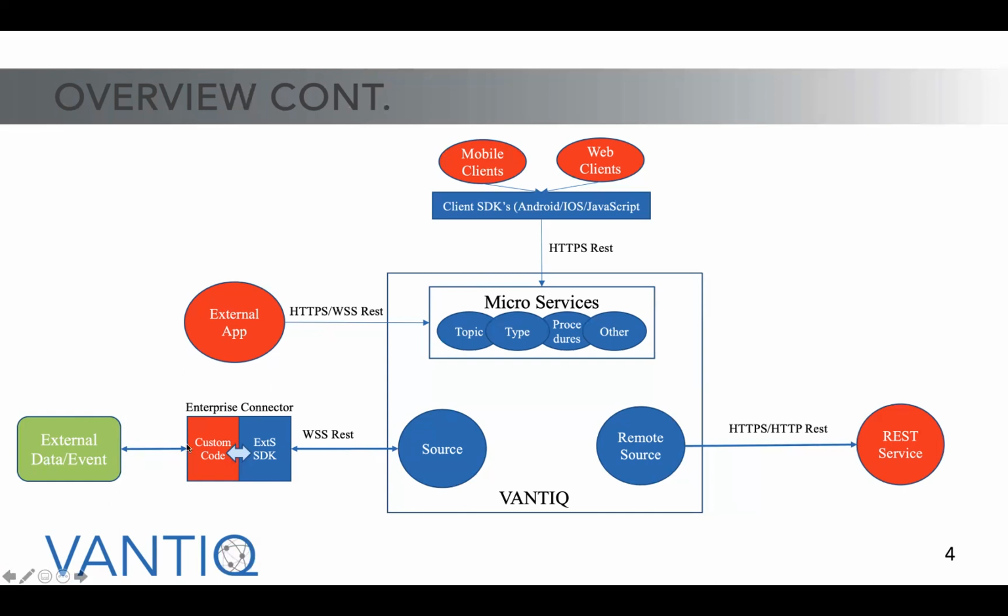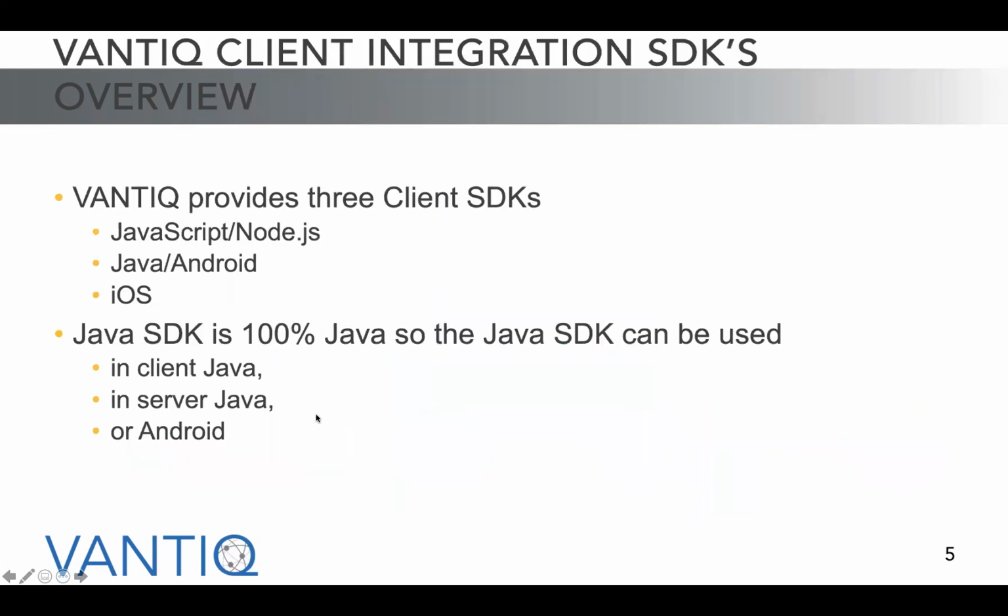So what we call the enterprise extension source can run code on your local network, consume that data, and generate events back to Vantiq using a WebSocket connection. This is very performant, and allows you to also configure the source in Vantiq to send a different configuration back to this component. We will talk about this in a few slides.